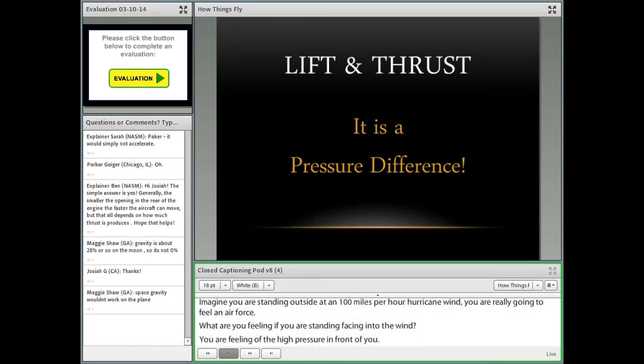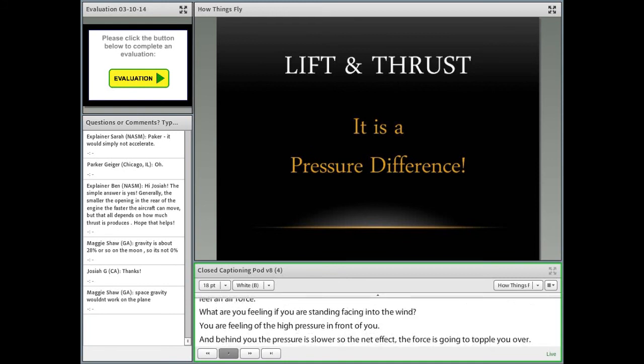But again, what's creating that force is the fact that the air is literally in contact with you, and the air that's in front of you in contact with you is at a higher pressure, and the air that is behind you in contact with you is at a lower pressure. The net effect is you're going to be falling over. That's nature's way, nature's mechanism of creating an aerodynamic force.